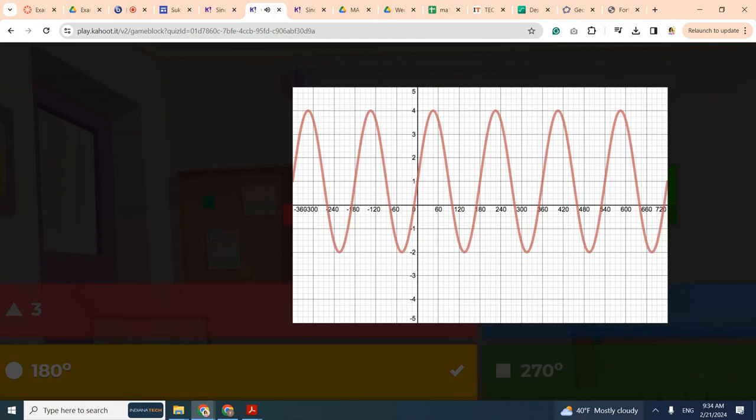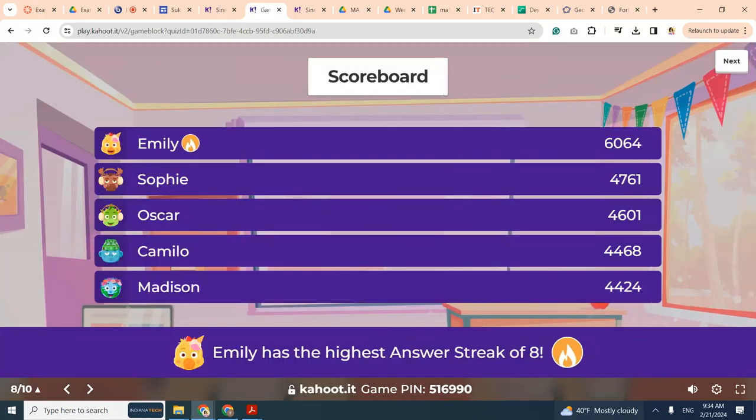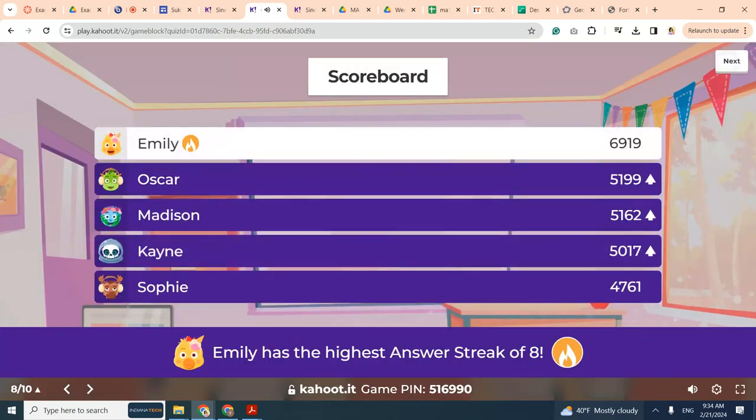Do you see? This is like the midline, right? And then what's the amplitude? 3. And then the period from here to here is 180 degrees. Is that okay, everybody? Okay. Let's see. Next.